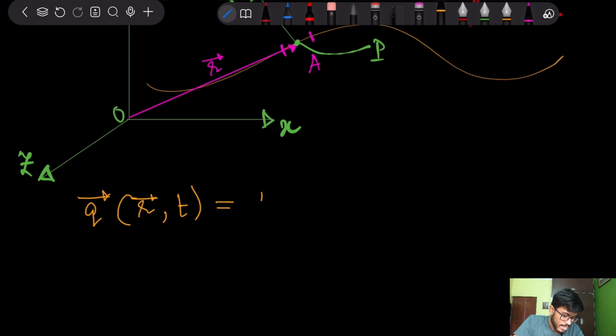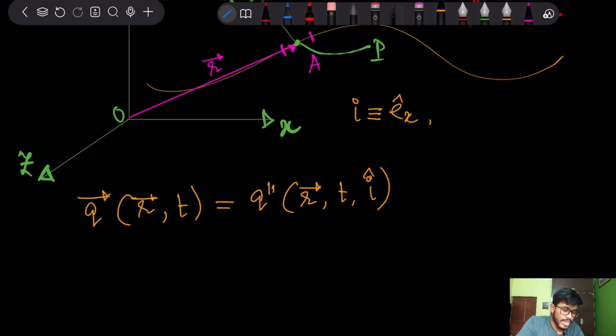So this is defined as q double dash, a function of r, t and, let me write, not ex, I cap. So I cap is the unit vector toward x, and I cap is equivalent to ex, or e1 actually.